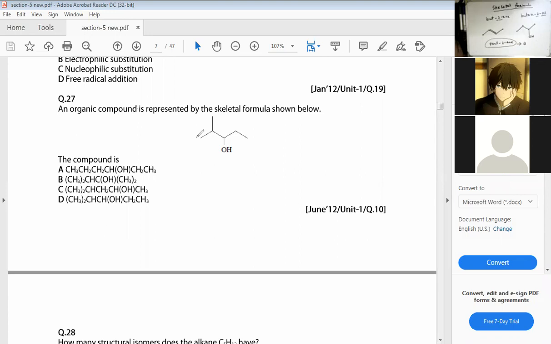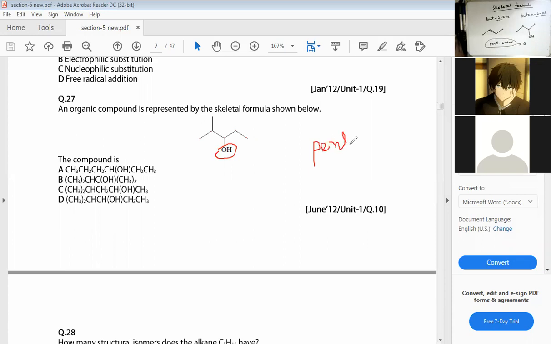Look at how many carbons are in the long chain: 1, 2, 3, 4, 5. So it is 5 carbon, single bond. There is an OH group with carbon 1, 2, 3.